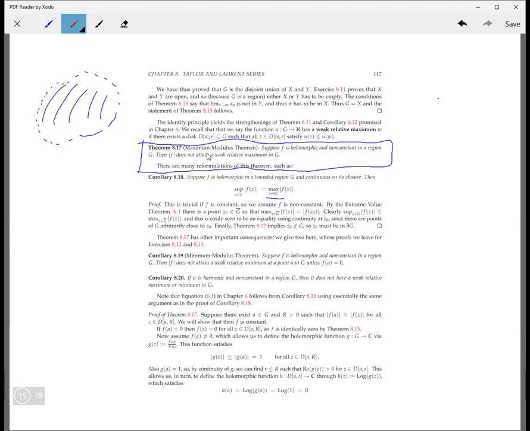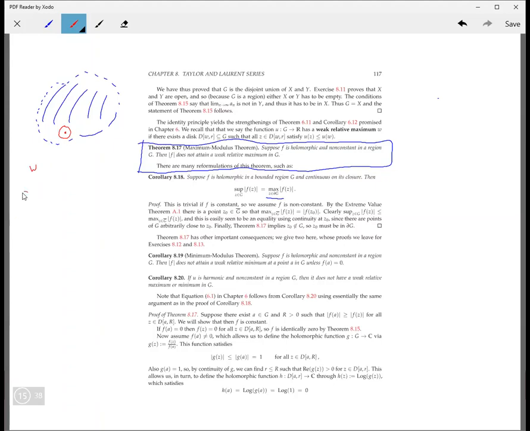If you take a point inside here, and it's interior, then you can draw a circle around it that's also completely inside. Let's say that point is w.